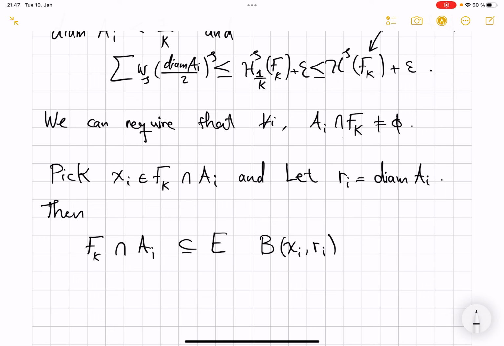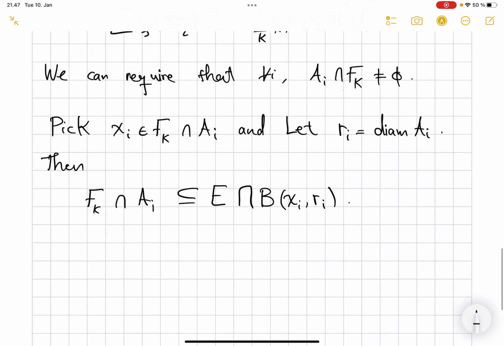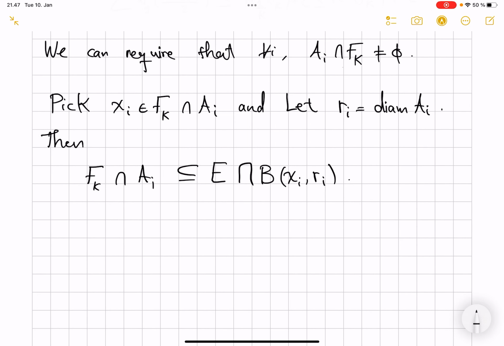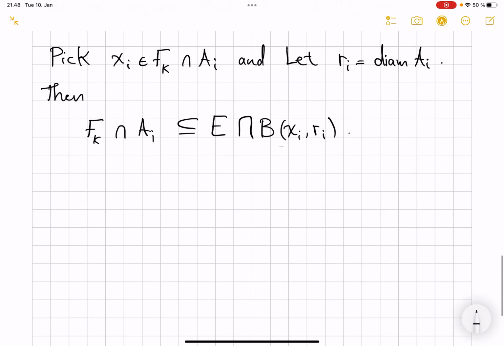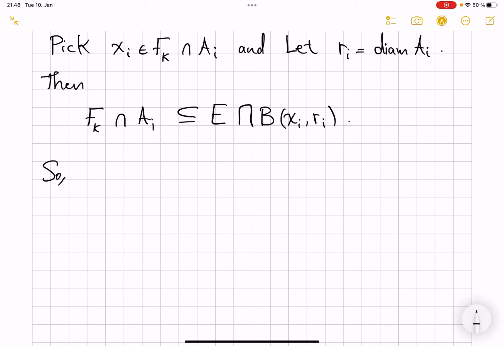So that means this set is a subset of that, and this is a subset of that. So this intersection is a subset of that intersection. And this may seem kind of technical, but the reason for why we're doing this is obvious, because now this looks like a familiar thing. This is just the numerator in the definition of upper density, and that's how we bring in the characterizing definition of Fk.